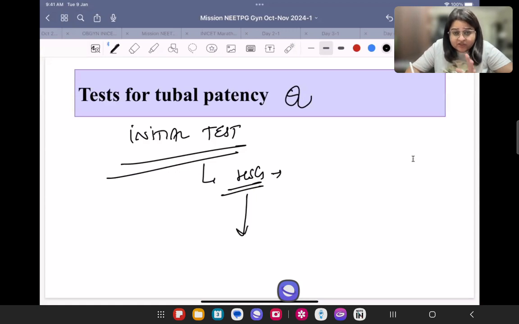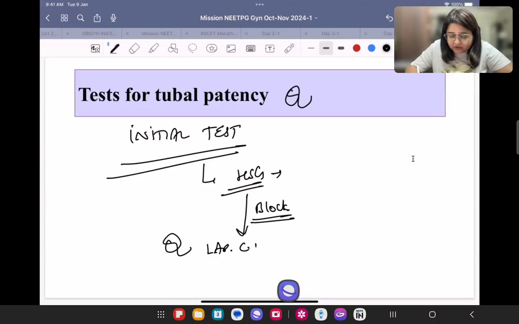If the HSG shows a problem, if you see a block or a tubal blockage on the HSG, what's the next thing you're going to do? You're going to confirm it. And this came as a question in this year's NEET PG. It's come as a question many times before also. You have to do a laparoscopic chromotubation to confirm.